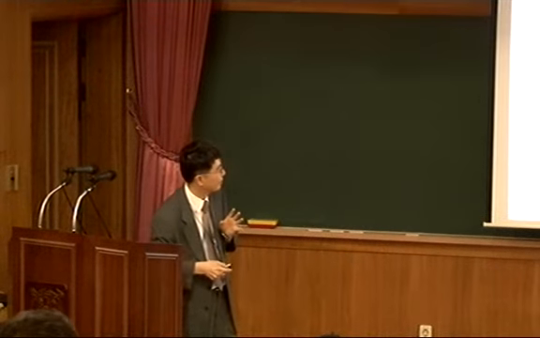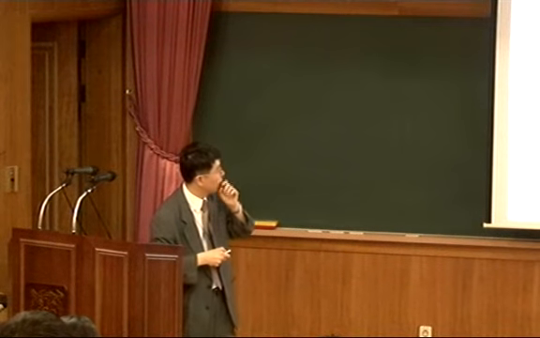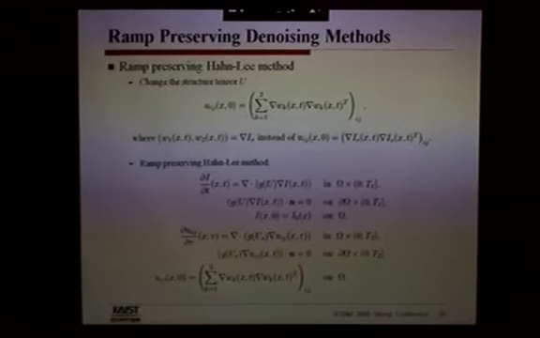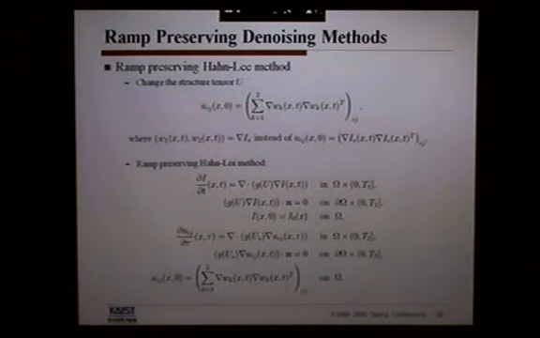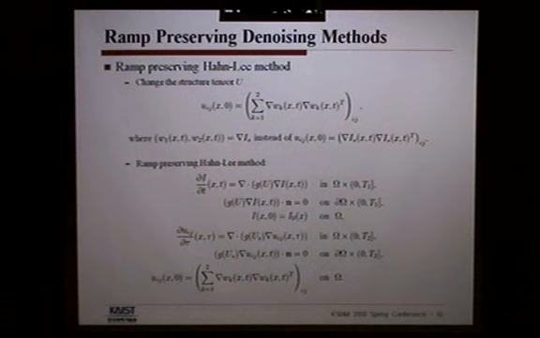from that. Okay, so in our case, if you recall, we have a second derivative of a BG image. So we need to preserve the ramp structures of that image. Ramp structure means we need to keep the critical points of that image. Usually the denoising method preserves the edges, but here we don't care about the edges.